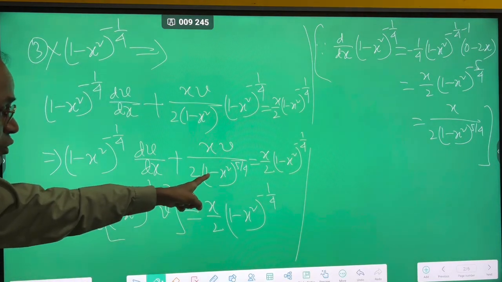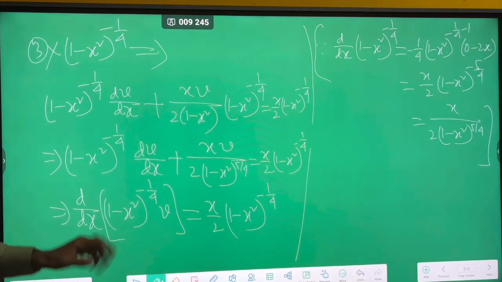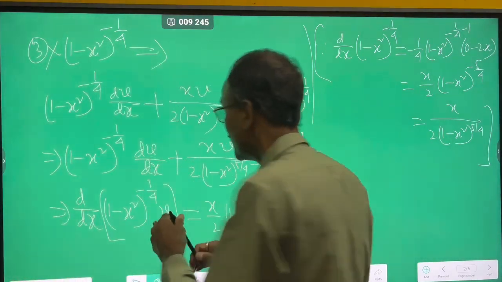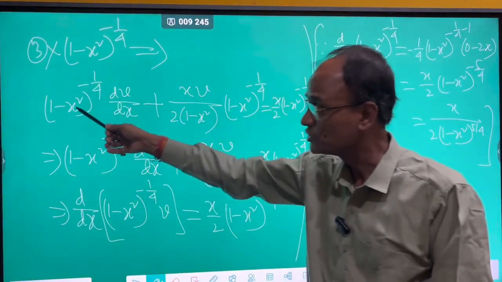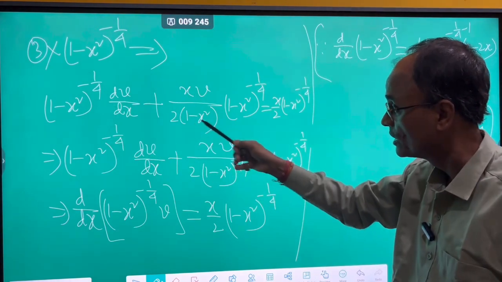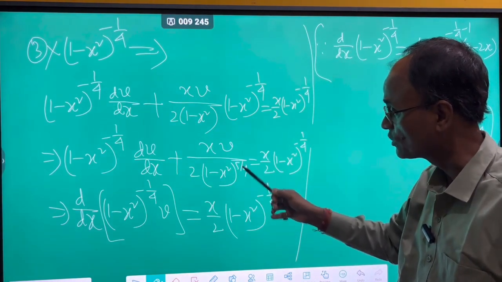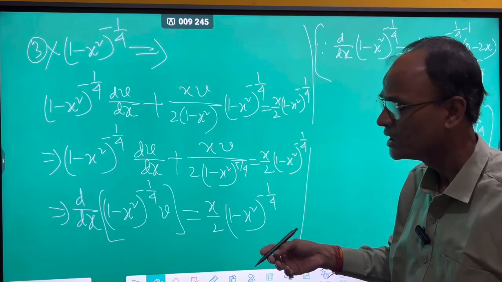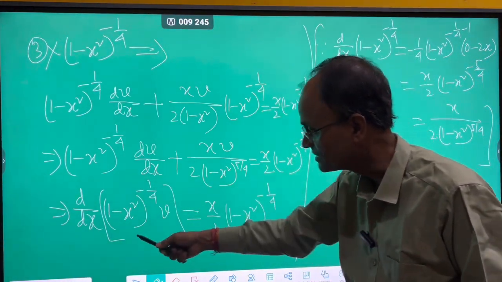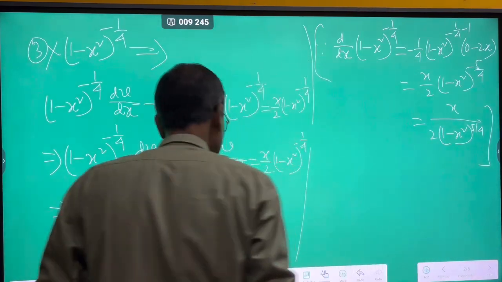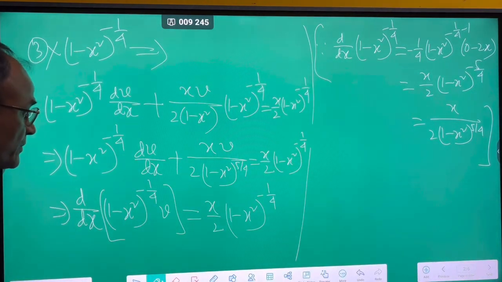Therefore, if you differentiate the first function, you will get x divided by 2 into 1 minus x square whole to the power 5 by 4. Therefore, you may write from this to this as this one.